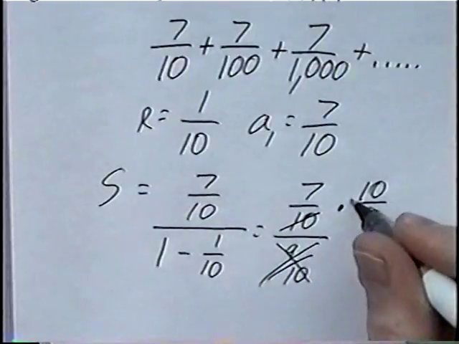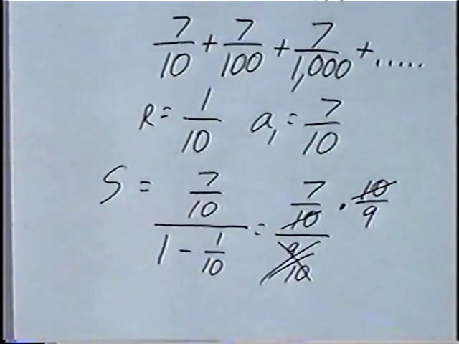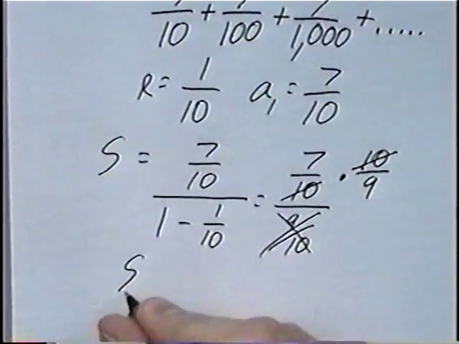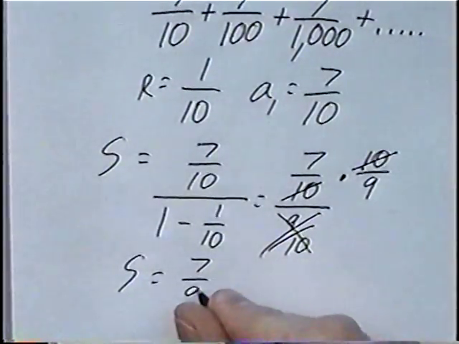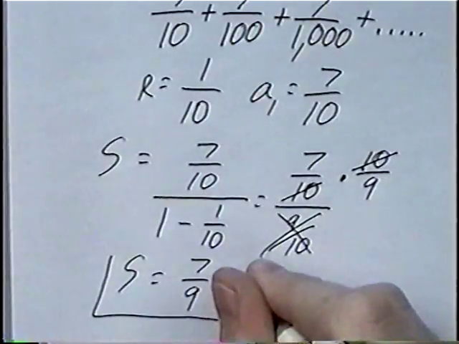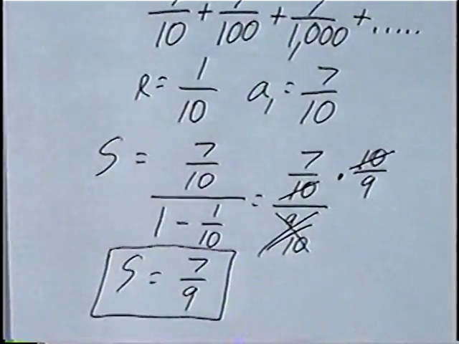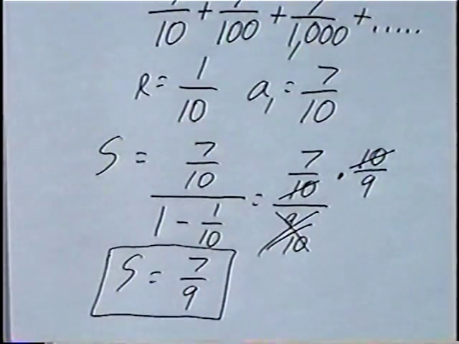If you wanted to, you could cross cancel the 10s. And you'd be left with the final answer, the sum, 7 over 9. So looking back at the question, the decimal 0.7, where the 7s continue on, can be written as a fraction as 7 over 9.